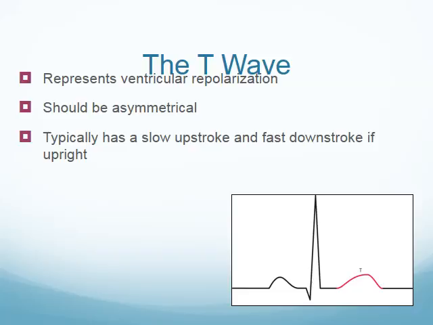So if you see in the picture here, you have that slow upsloping T wave, and then the faster downsloping of the end of the T wave. You will see variations of this, and certain pathologies can be determined due to those changes in the T waves.